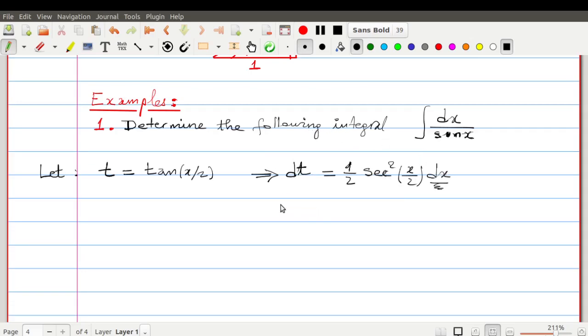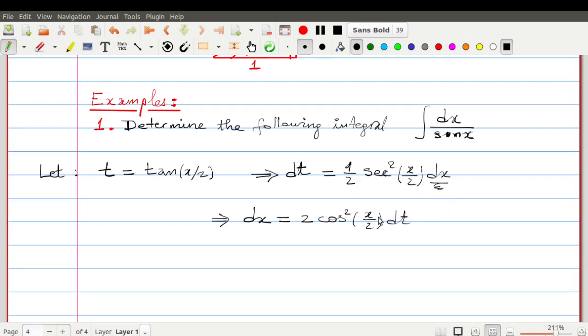So this implies that our dx, we can extract that. Of course there is this 2, we multiply also by 2, so it will be 2 into cosine square x by 2 dt.